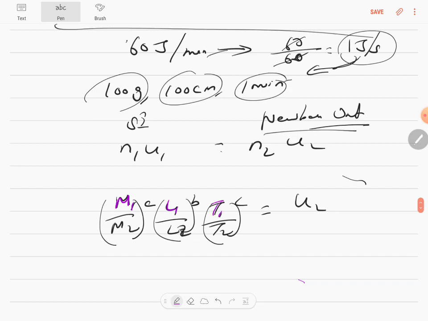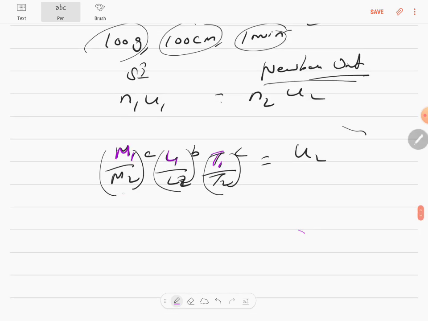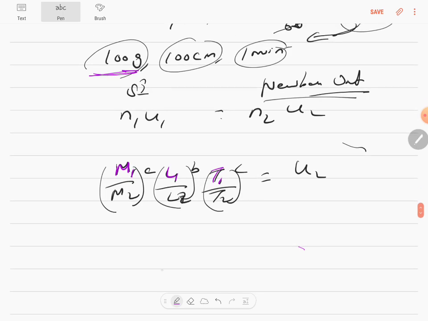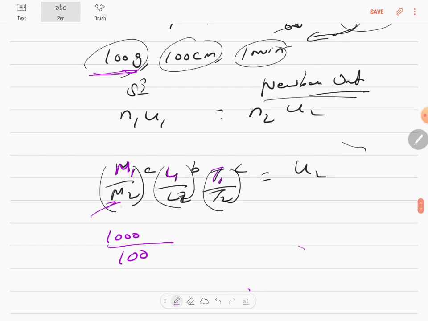I know to convert SI unit into grams, 1 kg is 1000 grams. Similarly, this has been given as 100 grams. Both of them are 100. The base unit itself is 100 M2. So M2 and M2 get cancelled.